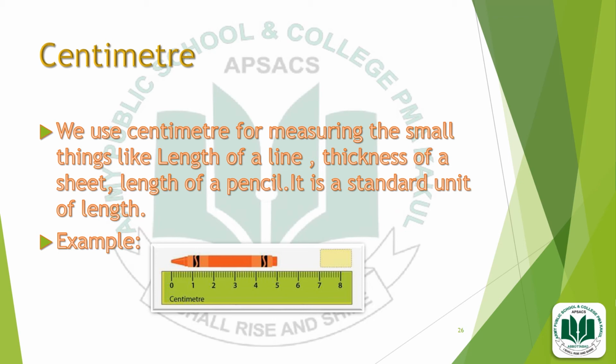For example, if we take our pencil or color, then we measure the length of the pencil with a scale and start to count from 0. 1, 2, 3, 4, 5. And this pencil is 5 centimeter long.